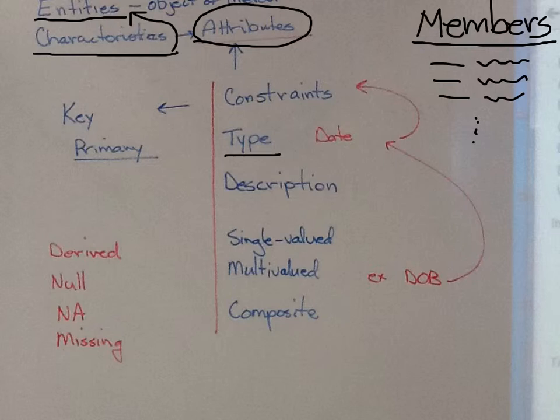First thing we mentioned then, they could have a certain type. For example, if you had an attribute called first name, that would be some type of attribute. For example, that could be made up of characters.